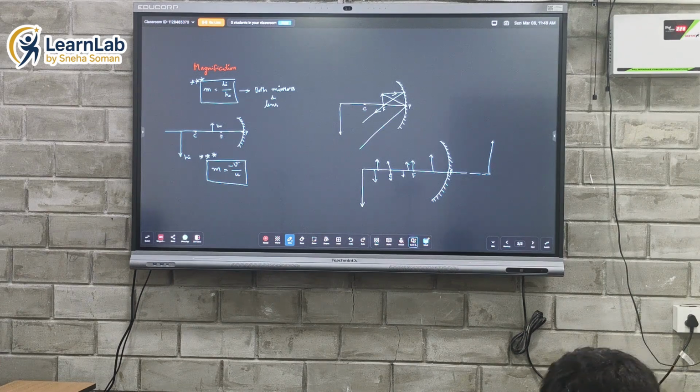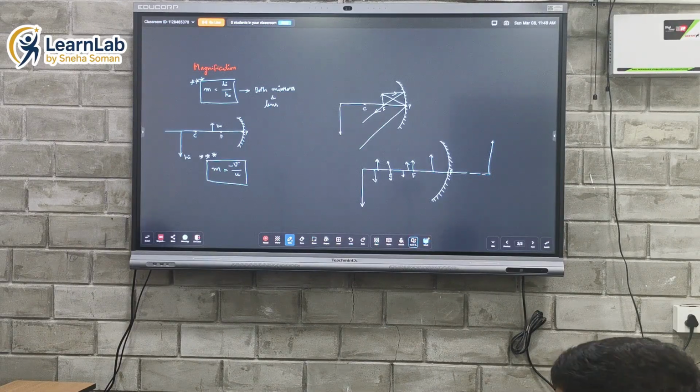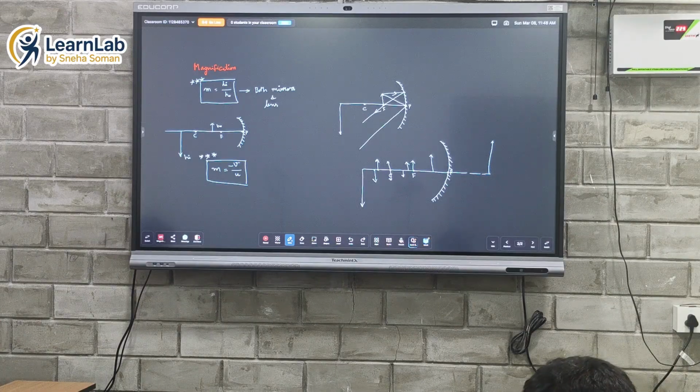A convex mirror used for rear view of an automobile has a focal length of 1.5 meters.